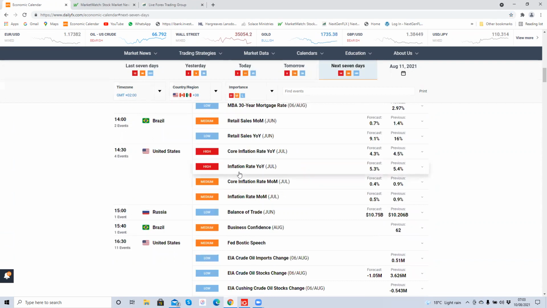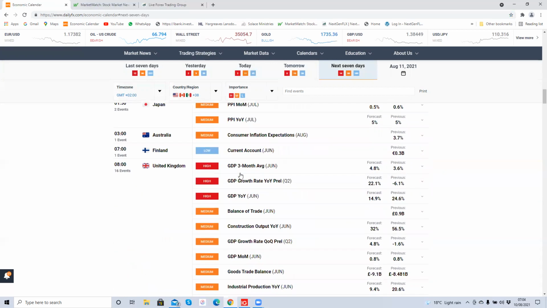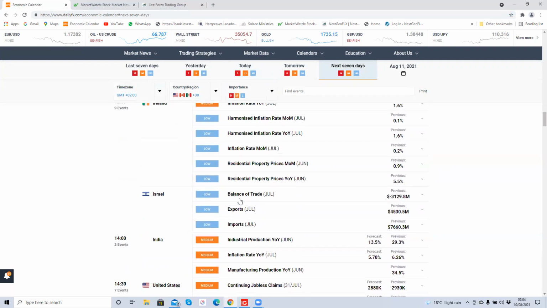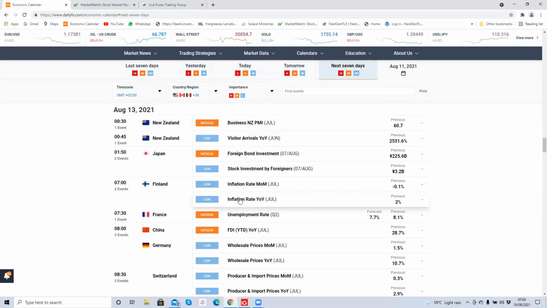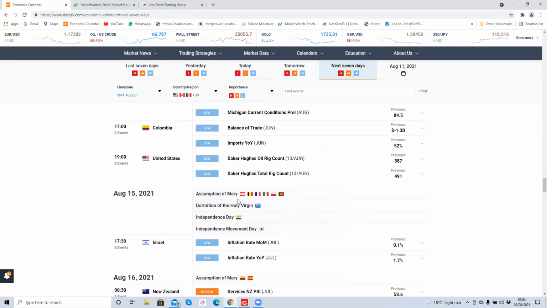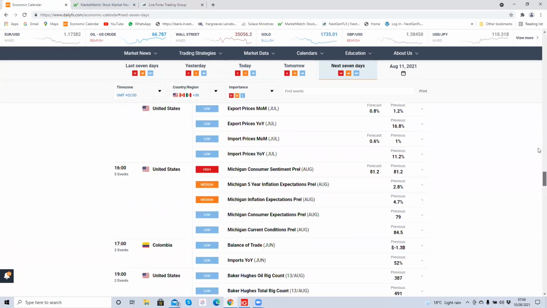So we've got 2 big reports coming out tomorrow, the Germany inflation rate and the US inflation rate. And then for the rest of the week, on Thursday, we have the UK GDP report. That's another big report. And that's it for the week. Okay, good. So let's get back to today.